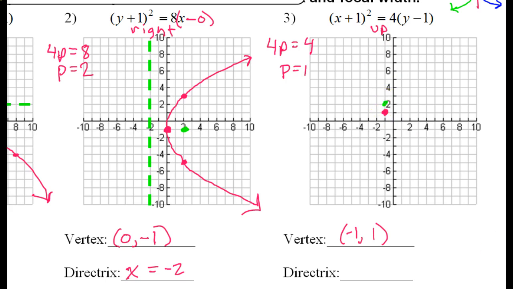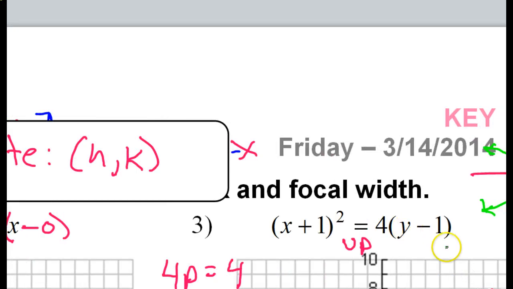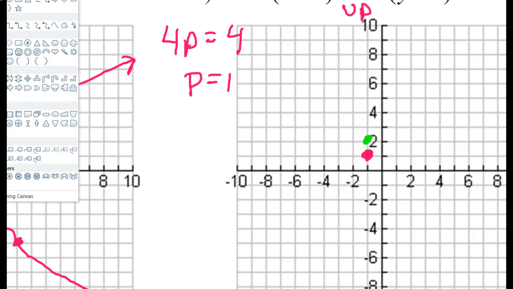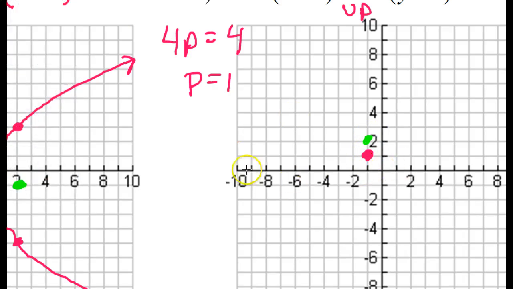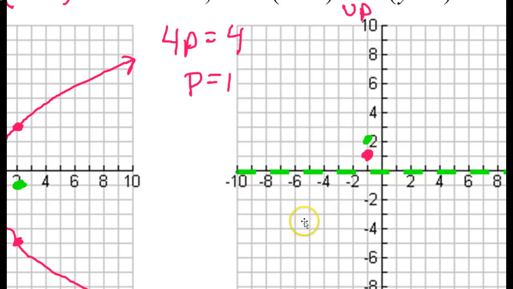All right, I almost feel like I better zoom in because this is going to be a tiny graph. Okay, so my focus is 1 up. That means my directrix will be 1 down, which will actually put it on the x-axis. All right, so I've got my focus and my directrix.